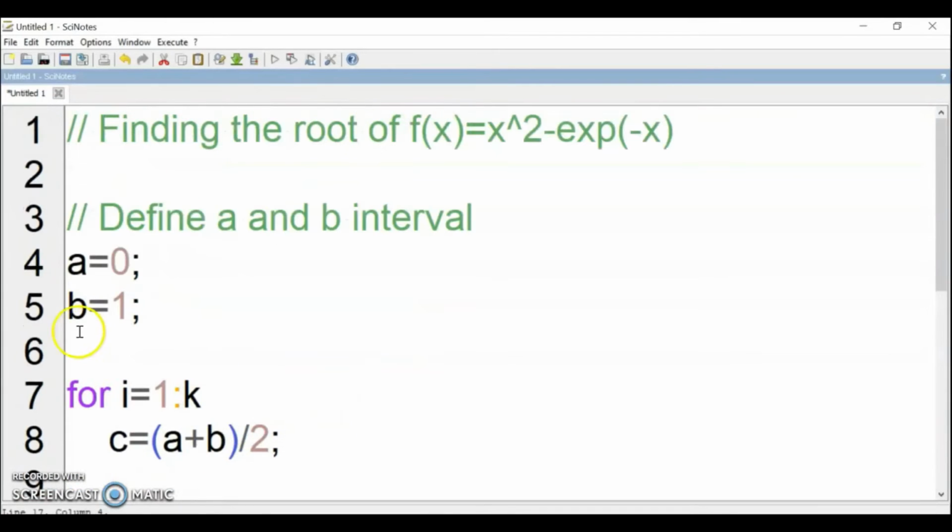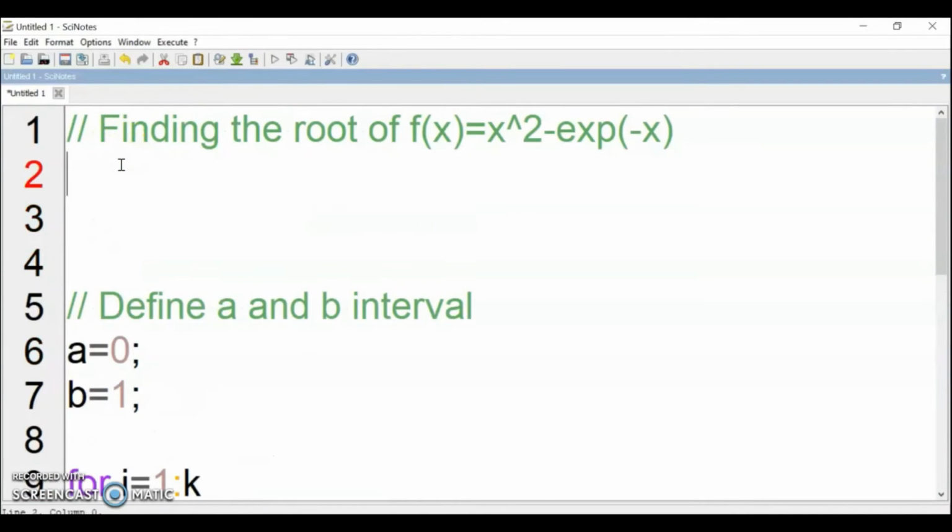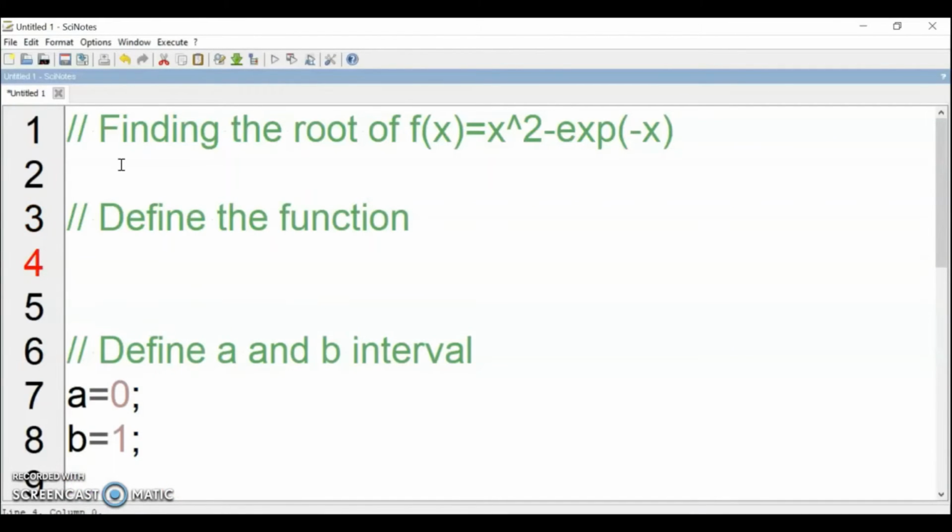That's pretty good. Now let's define a function here. So I'm gonna write the function all the way up here. When I say function, that means I need to have a function file. So with the function file, you need to say begin function.